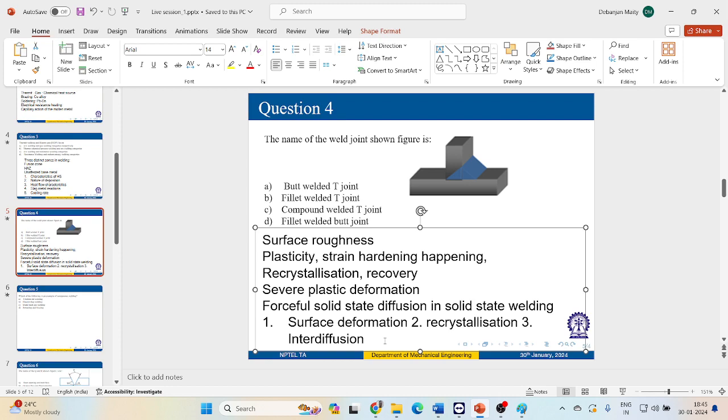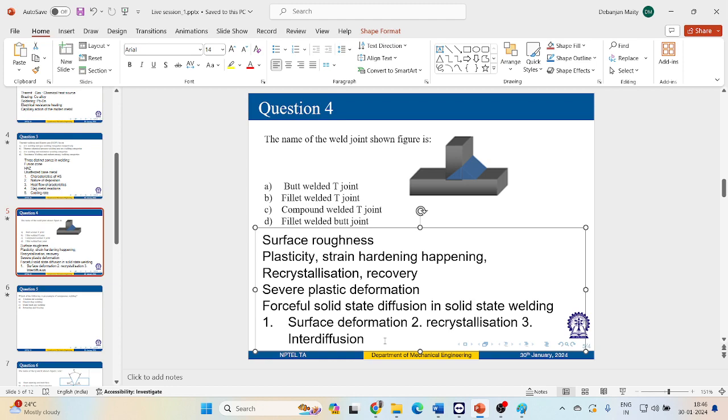So we have talked about different kinds of welding. We will have some detailed discussion on the different mechanisms of welding, arc welding, gas welding, and solid state welding also.